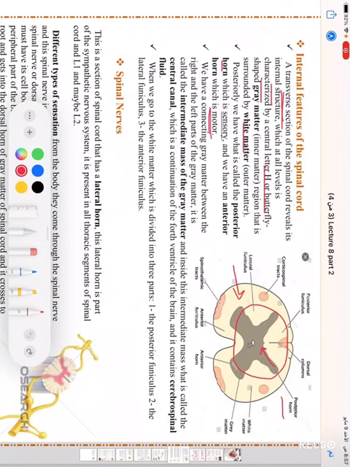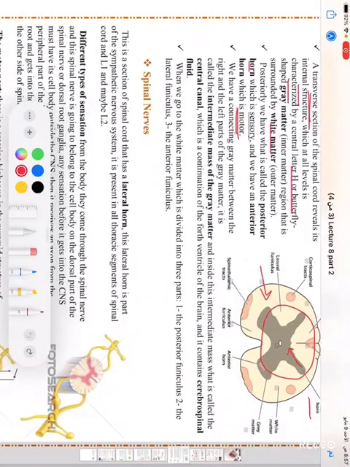These horns are in the gray matter, which is in the shape of the butterfly or letter H. We have a connecting gray matter between the right and left parts. If we divide it in the middle, we have right and left gray matter connected together. It's called the intermediate mass of the gray matter.